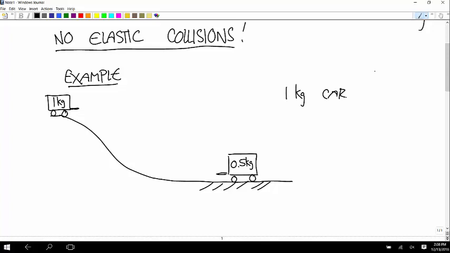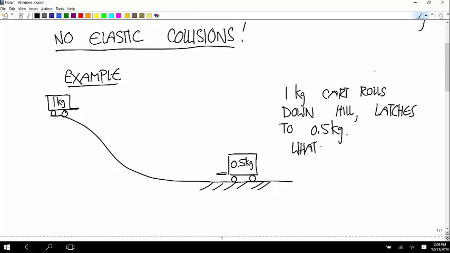So a 1 kilogram cart rolls down the hill and latches to a 0.5 kilogram cart. And we want to know what's their combined velocity after the collision.